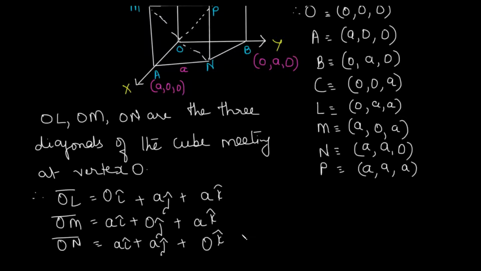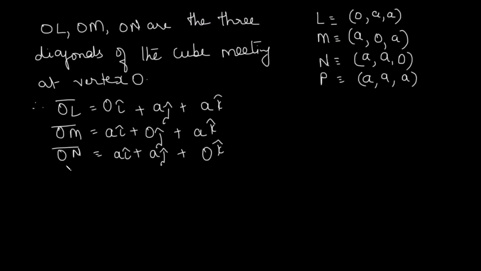Now, in this case, we find the box product formed by the vectors OL, OM and ON. So box of OL bar, OM bar and ON bar gives us the determinant. We don't write i, j, k in this, we just write the coefficients.